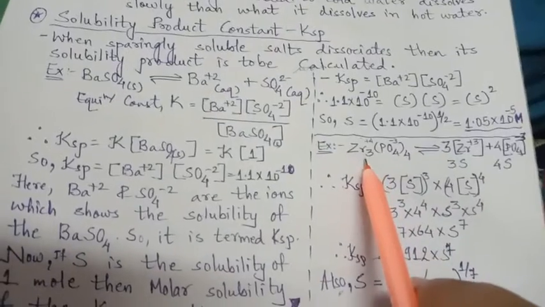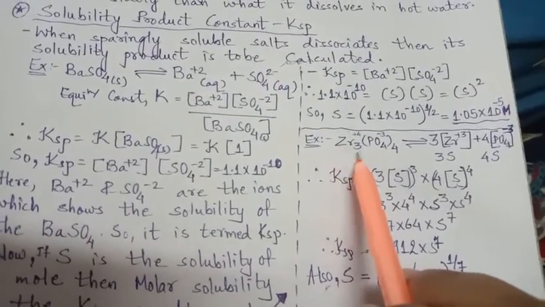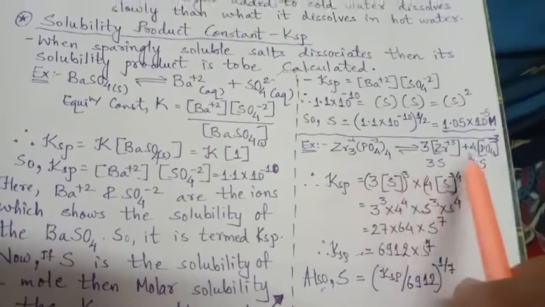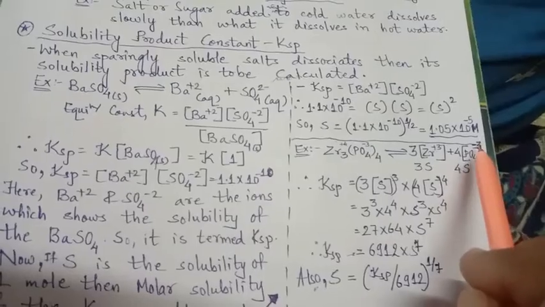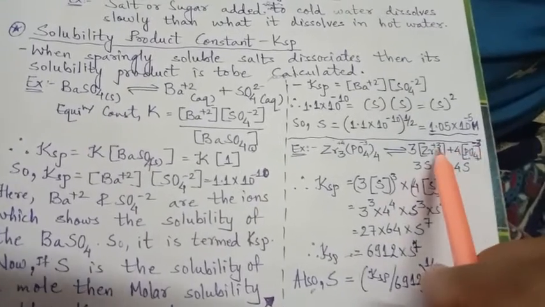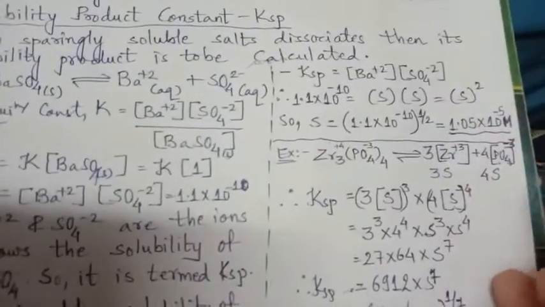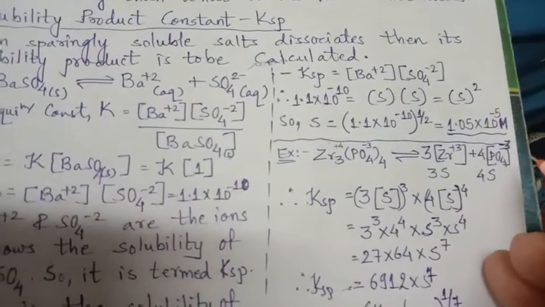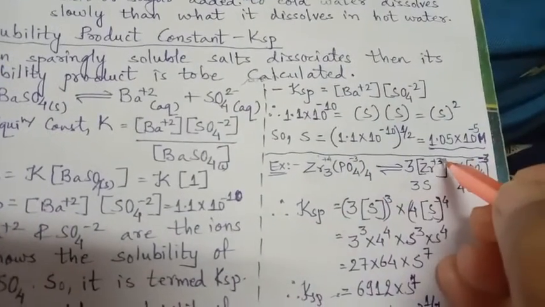Now, if this dissociates, how does it dissociate? It will give Zr with plus 4 and PO4 with minus 3.